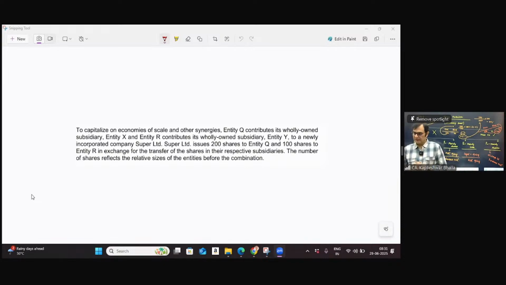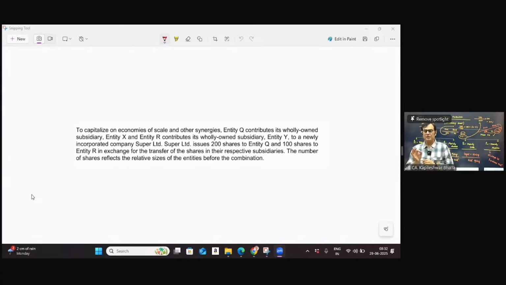Yes, sir. So basically what is happening is that Q is giving its own subsidiary to the new company Super, and R is also giving its wholly owned subsidiary Y to Super. The two companies are contributing their subsidiaries to the newly formed company Super.